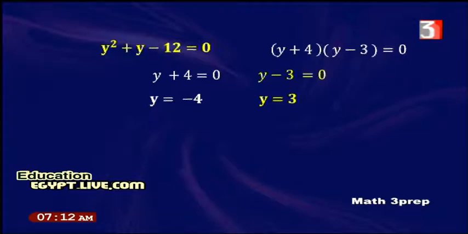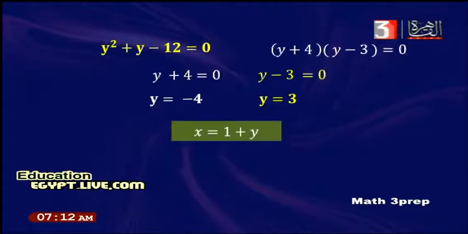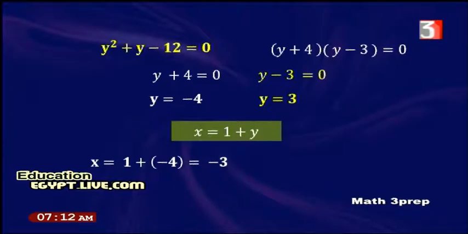By substituting for the value of y as negative 4, you are going to obtain that x equals 1 plus y, so x equals 1 plus negative 4, to obtain a result of negative 3. And when y equals 3, x equals 1 plus 3, which gives 4. In this case, you have two solutions.